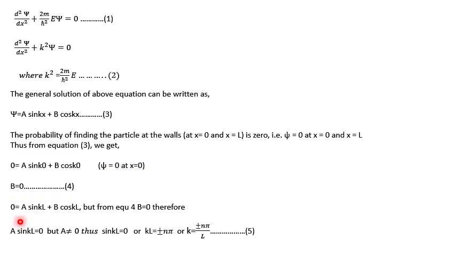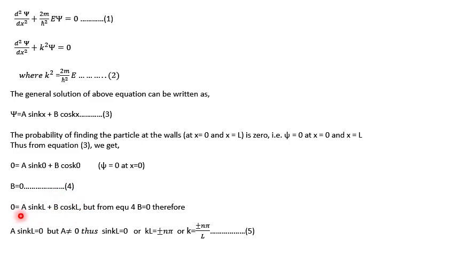Now again we apply the second boundary condition on equation number 3. We know that psi is 0 at x is equal to L. So in place of x we substitute L, and 0 in place of psi. From equation number 4 we know that b is 0, therefore the second term becomes 0.